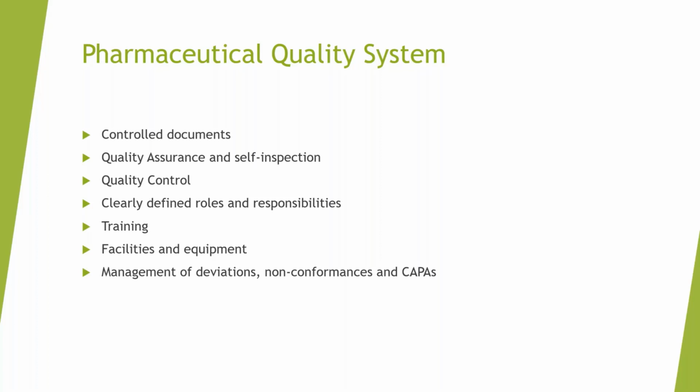So as a result of those investigations, you may decide that there is certain corrective action that needs to be taken if it's possible to take corrective action, but more importantly as well, preventative action to ensure that issues of a similar nature do not arise again.